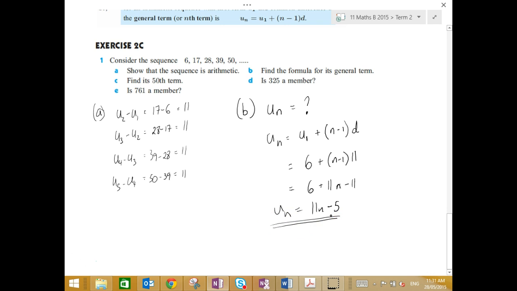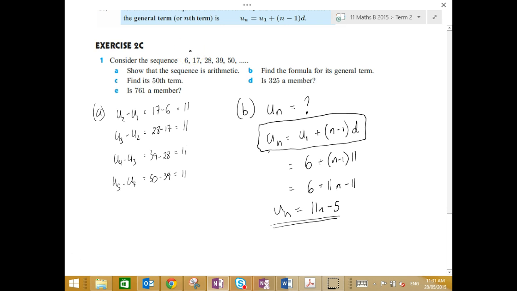All right, Dobbo's back with us. What are we doing? Okay, I'll talk you through it again. In part A, what was the difference between each of the numbers? That's the general rule. U1 is the first term, which was 6. That's the important thing.